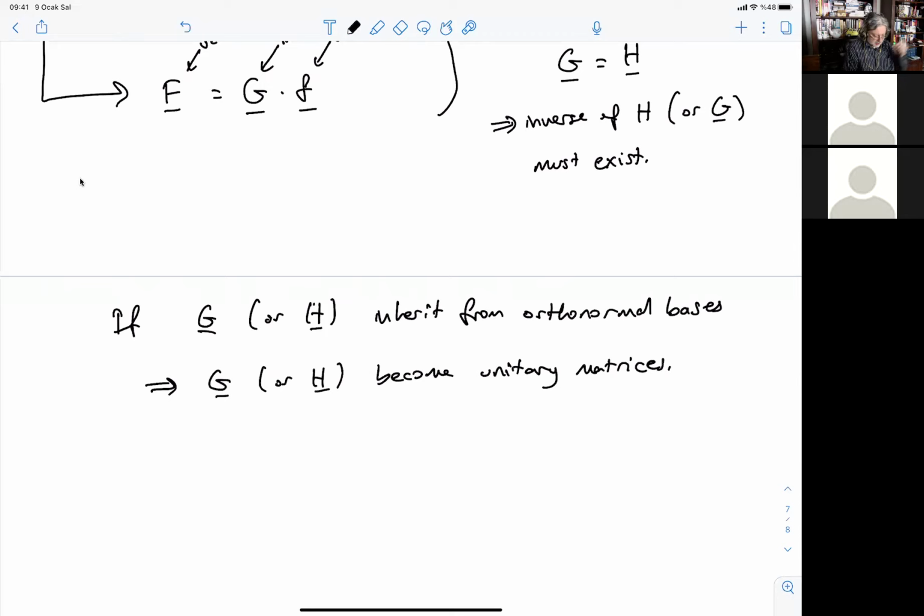A unitary matrix has a lot of nice properties. Let me give you some of those nice properties of unitary matrices, which correspond to orthonormal transforms. Fourier transform is one of them, except for a scale. So it's not really orthonormal, but it's orthogonal at least.